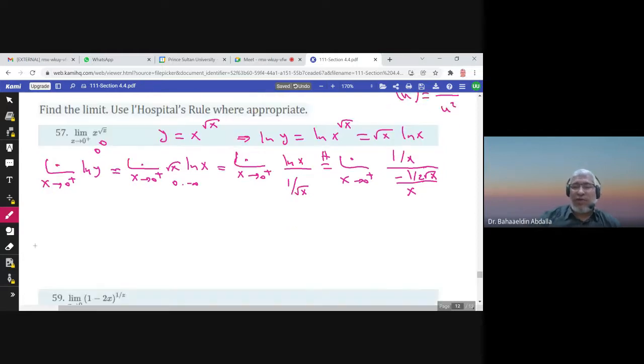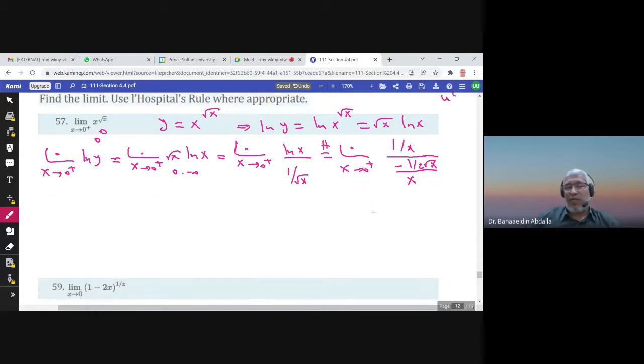Let me simplify this. So I have 1 over x multiplied by x over, well, I can even do it.